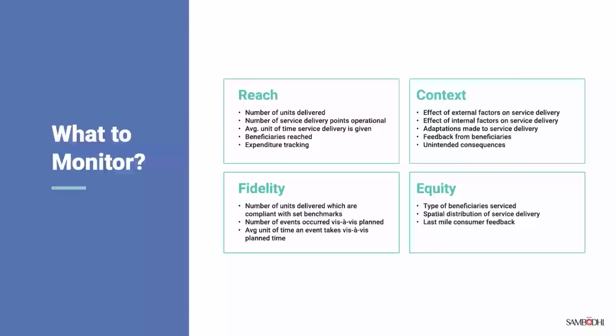In terms of monitoring fidelity, we need to bring forth details of the number of units delivered that comply with the set benchmarks, along with the events planned and the average time for an event. And lastly, in terms of equity, we need to take care to note the type of beneficiaries that were serviced, the spatial distribution of service delivery, and consumer feedback.